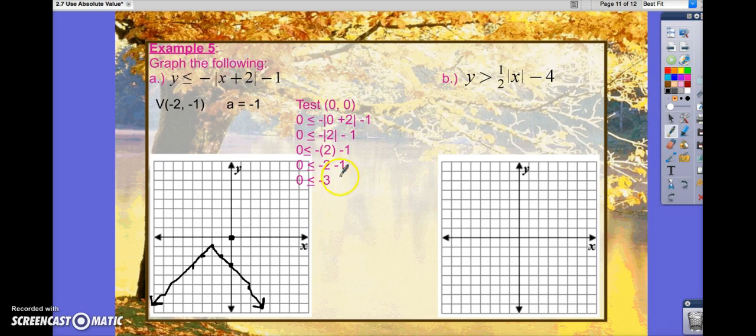We know that's false. If it was true, I would shade outside. It's very important to draw your absolute value graph to cover the whole grid. So it would be outside, but it's false, so I shade inside. So it's all the inside here.